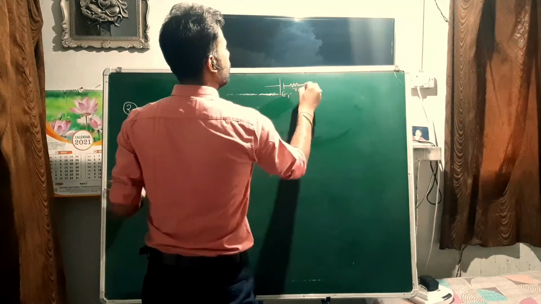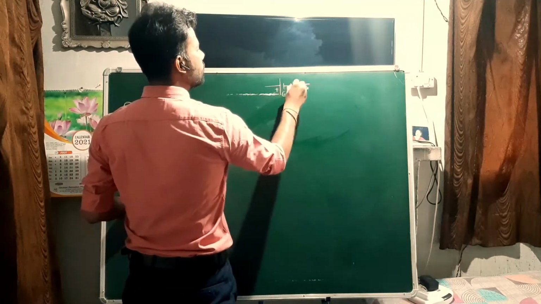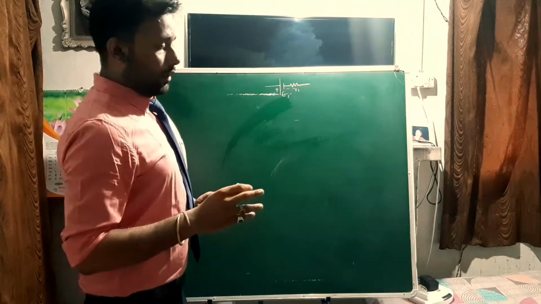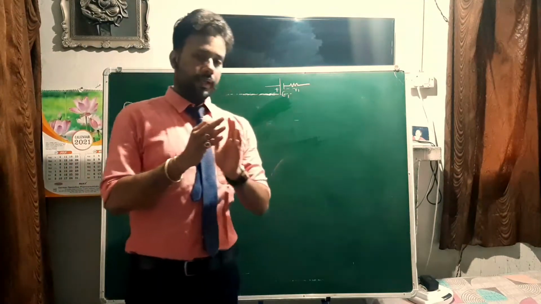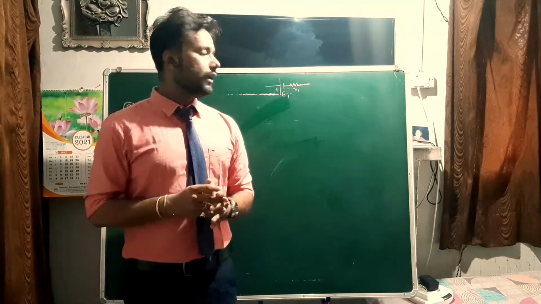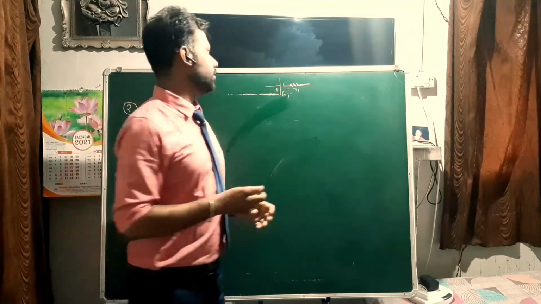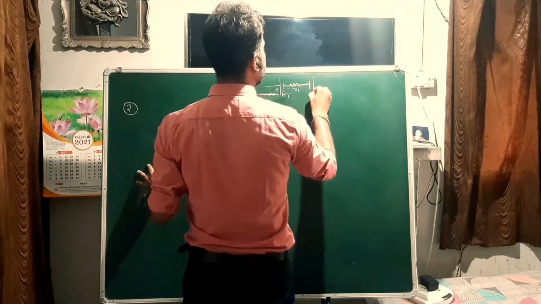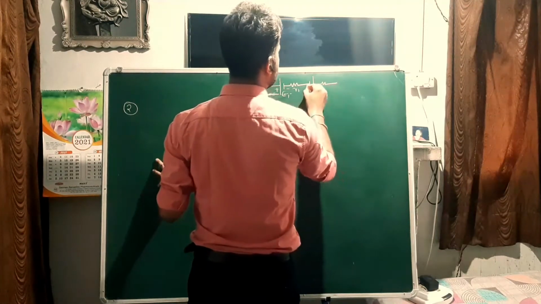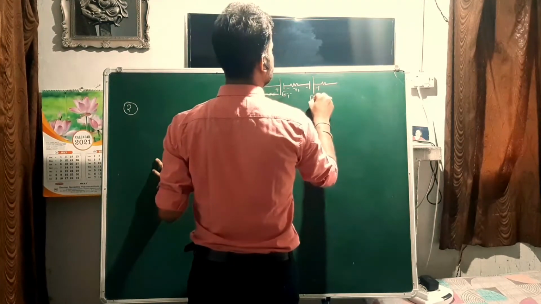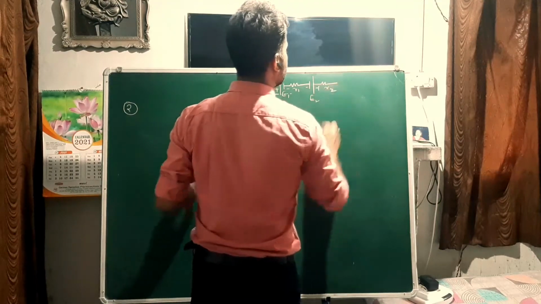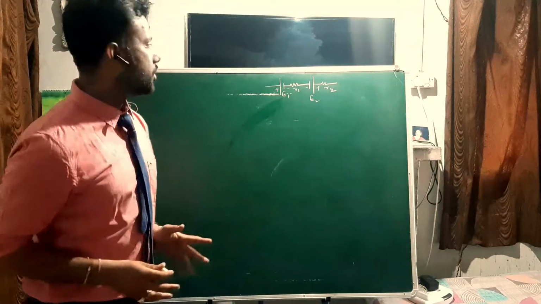Resistance R1. Now this is the positive terminal, this is the negative terminal. They will support each other if the positive terminal of the other cell is connected to the negative. But now here I have connected the negative terminal like this. Right, so that means they are opposing each other.